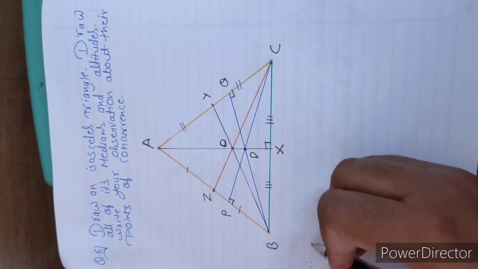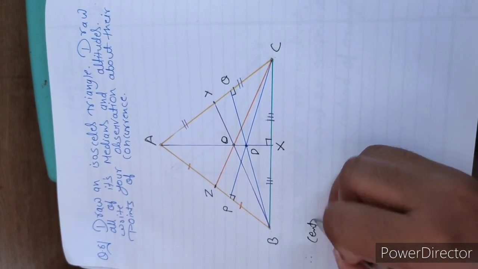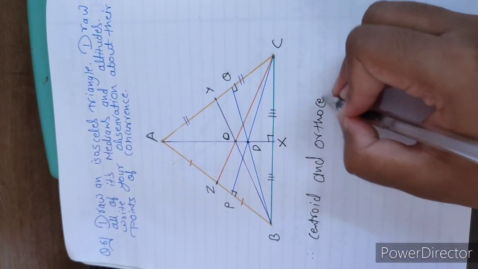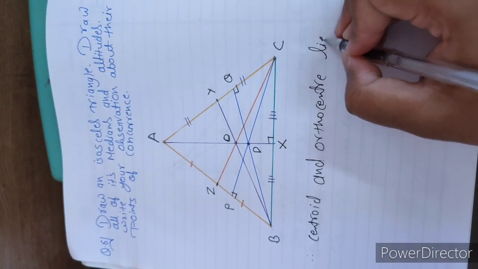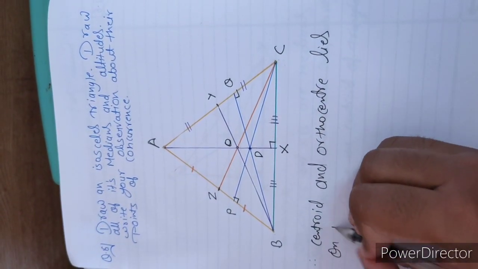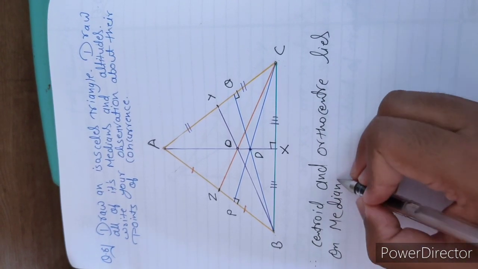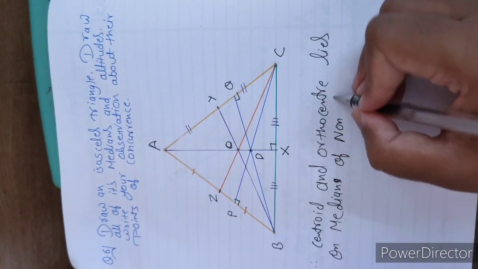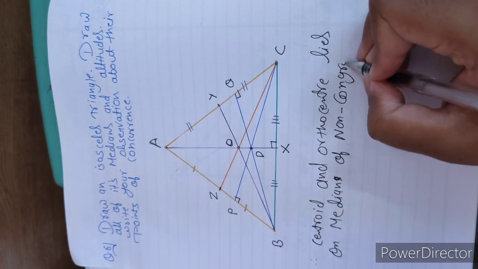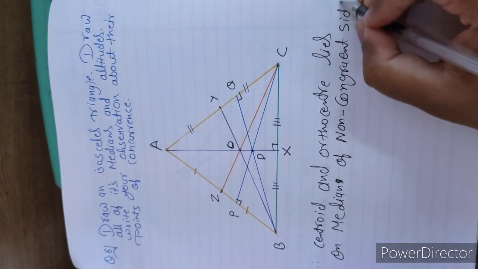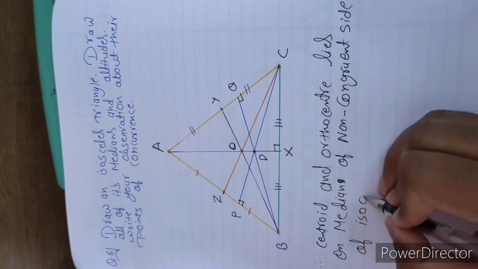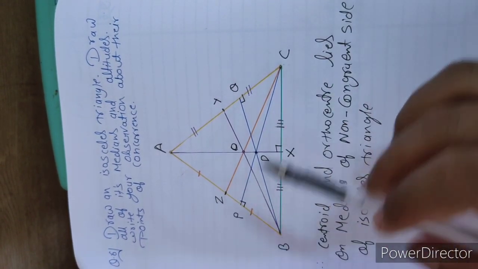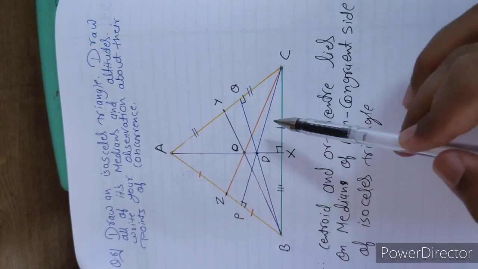So we conclude that the centroid and orthocenter lie on the median of the non-congruent side of an isosceles triangle. Understood how to draw the medians and altitudes simultaneously?